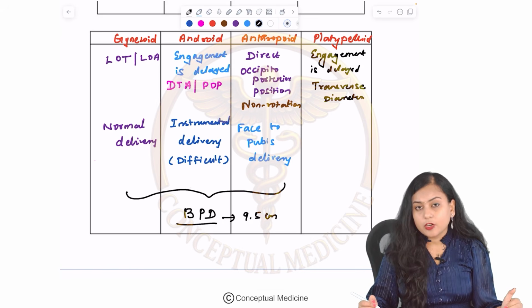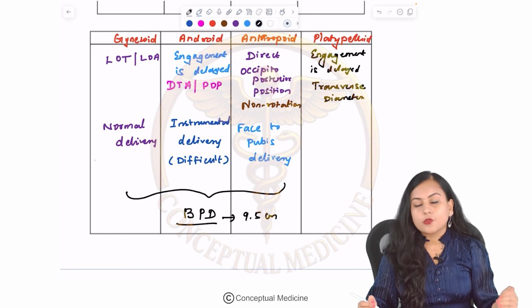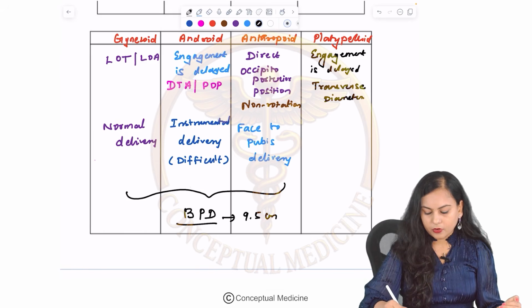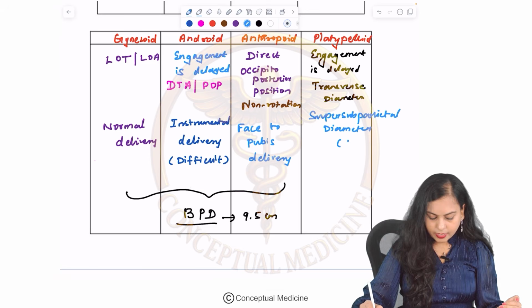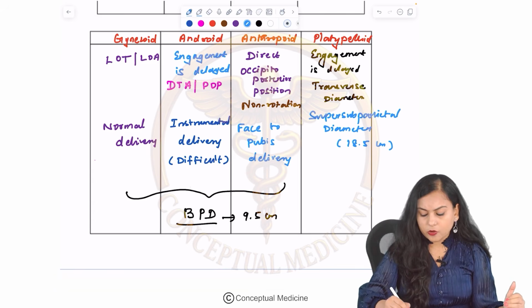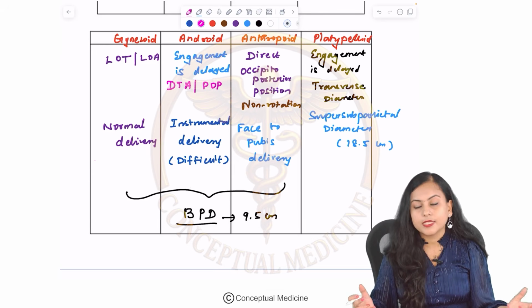Whereas in platypelloid pelvis, since this is a transversely oval pelvis, the fetal diameter which is going to engage is your super-subparietal diameter. This is around 18.5 centimeters.